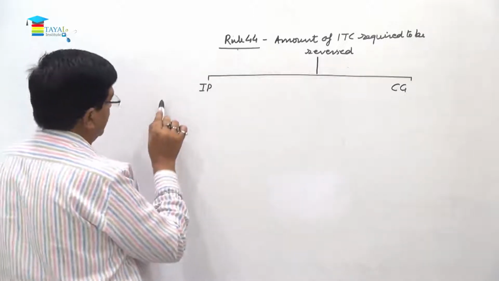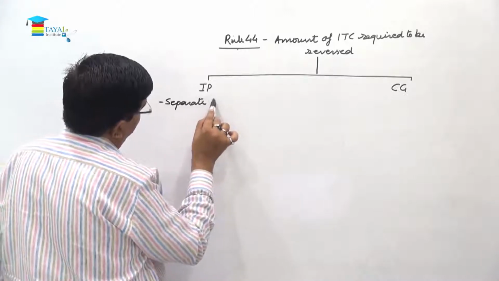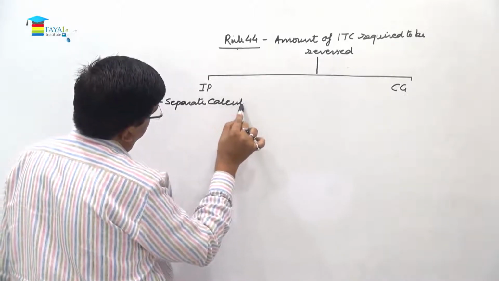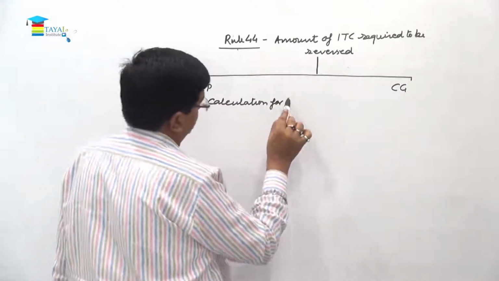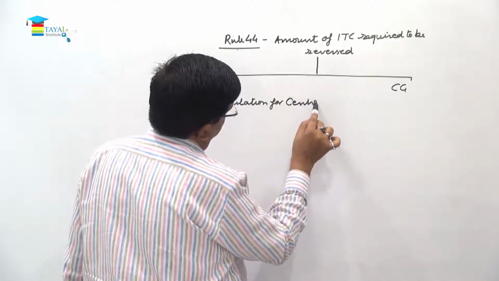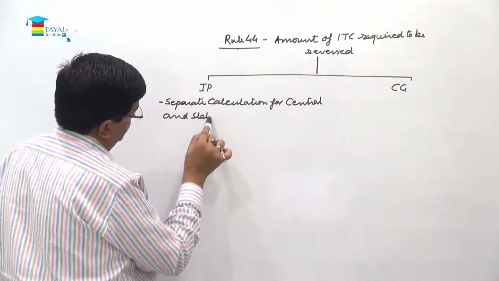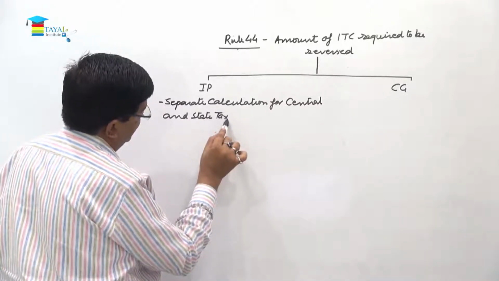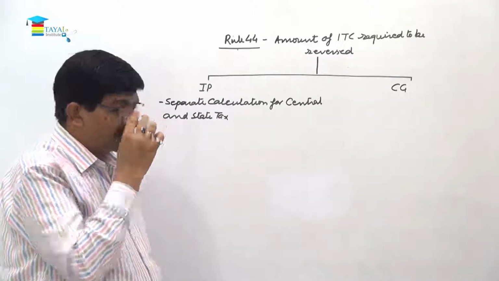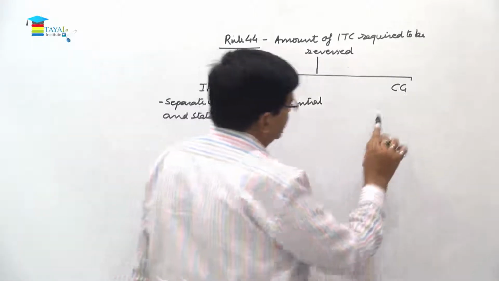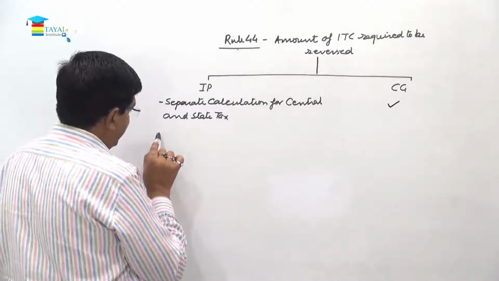First thing is, whatever we are going to talk about, there is separate calculation for central and state tax. CGST, IGST, SGST, UGST, all are required to be calculated separately, and the same thing applies for capital goods also, right?